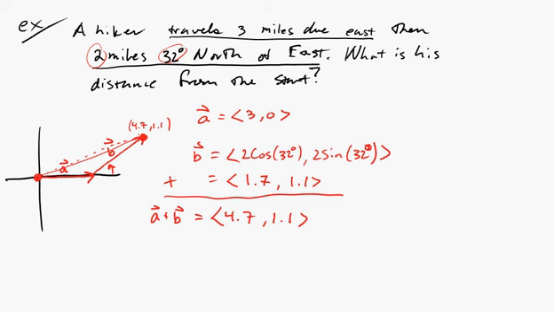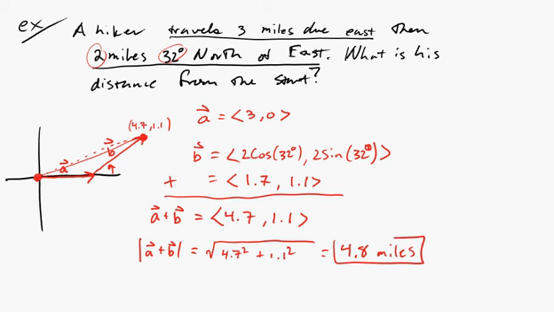And so to find the magnitude of this, we're going to finally just use our magnitude formula. So that would be the square root of 4.7 squared plus 1.1 squared. And I'm getting an answer of 4.8 miles rounded from where he started. And that is this distance right here, 4.8 miles.